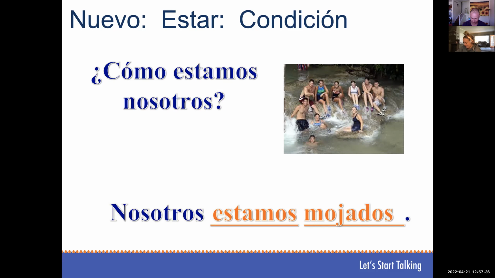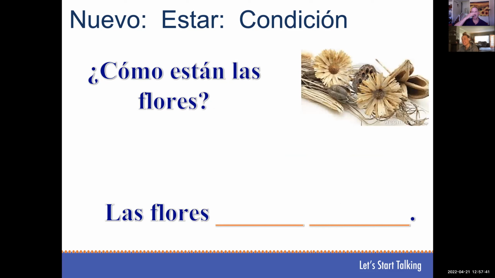Okay. ¿Cómo están las flores? Las flores es seco. Okay, so let's try that again. ¿Cómo están las flores? Las flores están seco. And then we need to make that feminine and plural. Because it's las. So las flores están secas. Okay.